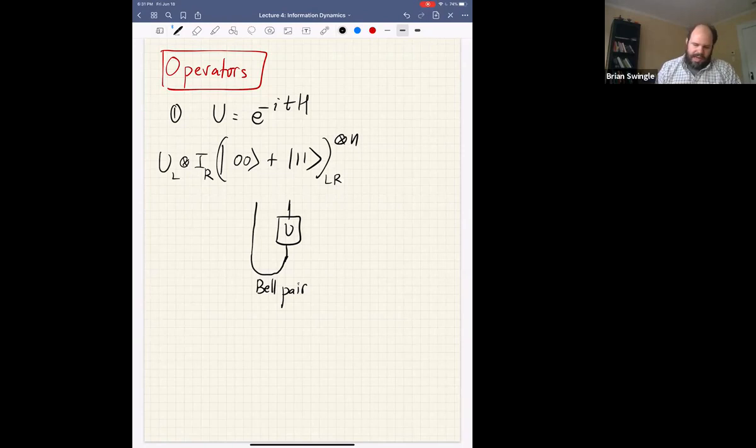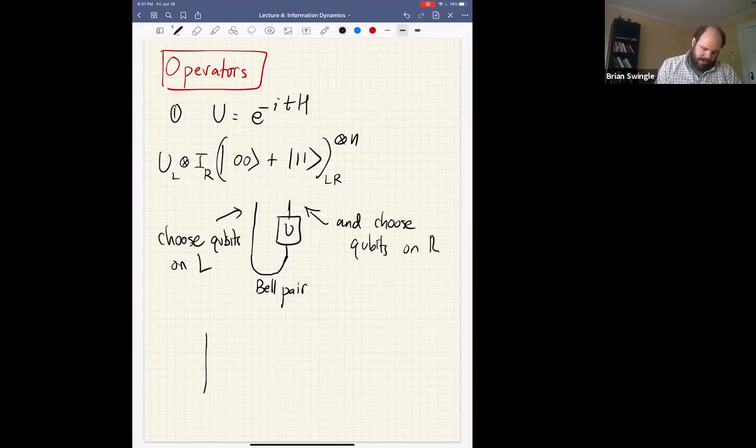And so now we can choose qubits on the left, and we can choose qubits on the right. And so now the picture would look something like this. We still have U, but now we have, say, let's call this x left.